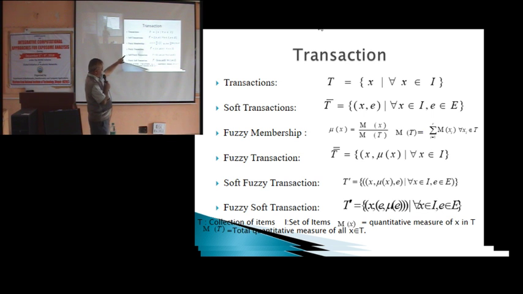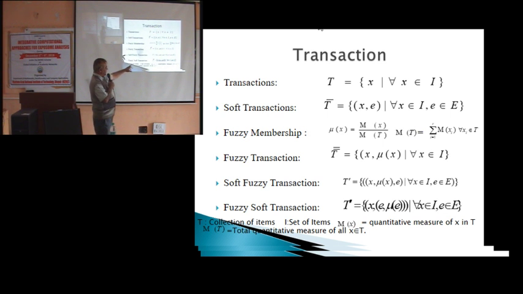Transaction, this definition exists in the literature. Soft transaction exists in the literature. Fuzzy transaction exists in the literature. Fuzzy transaction is X, mu X: the item and its membership. Soft fuzzy transaction has been defined by us. It is X, its membership based on the parameter.